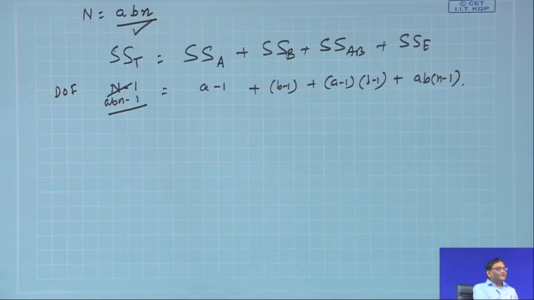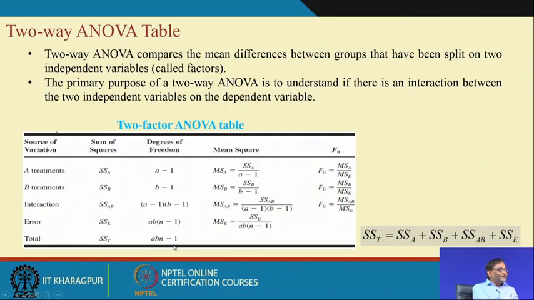See the table here. The sources of variation are A treatment, B treatment, interaction and error, with SSA, SSB, SSAB, SSE, SST and their degrees of freedom. Compute MSA, MSB, MSAB and MSE, which are the sums of squares divided by their respective degrees of freedom.